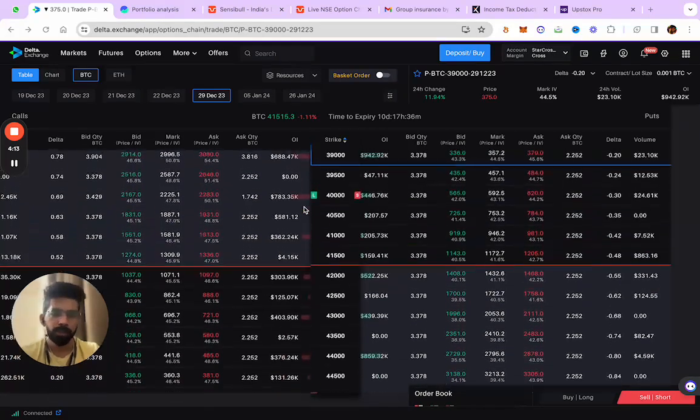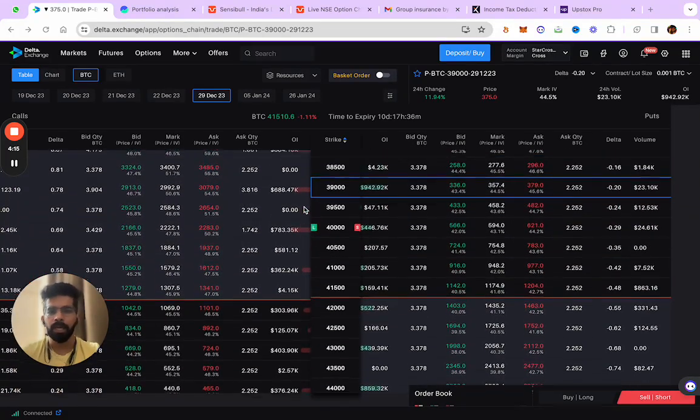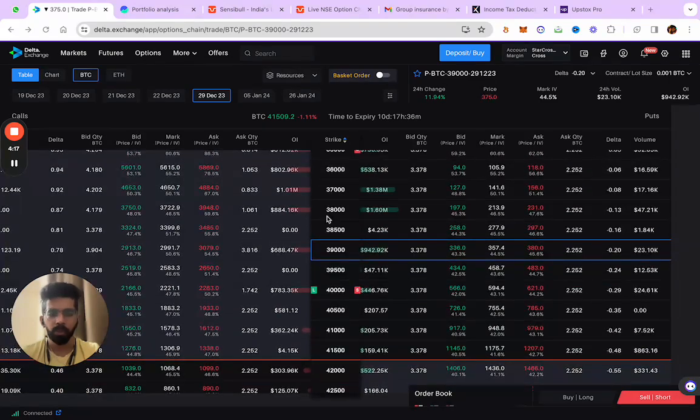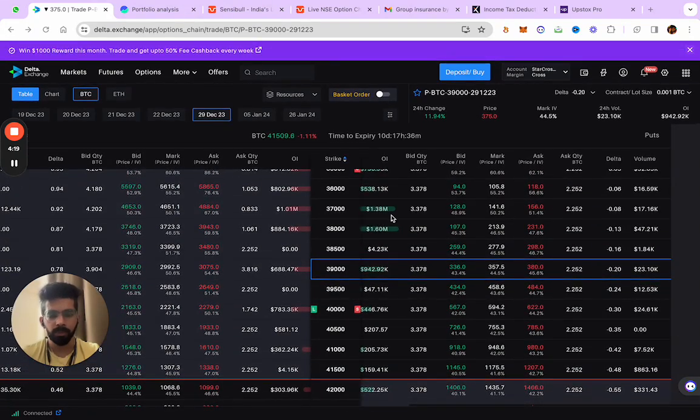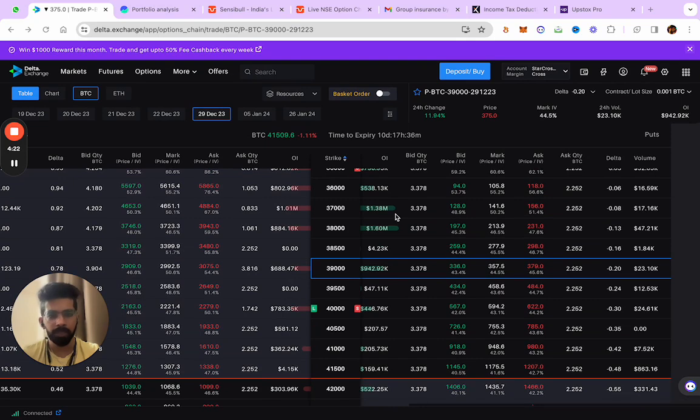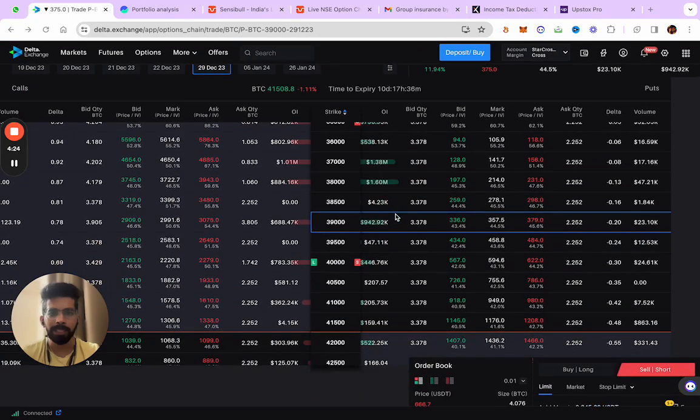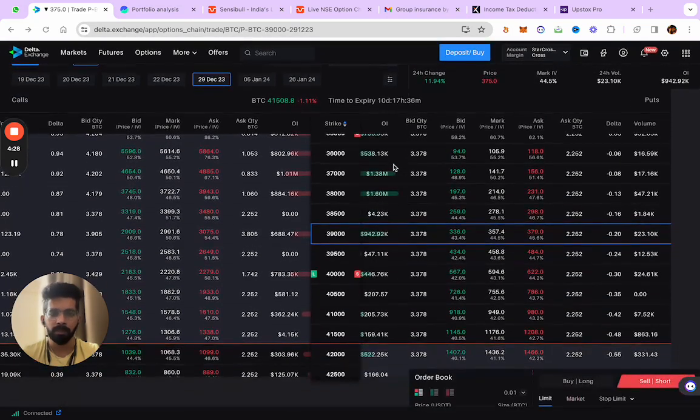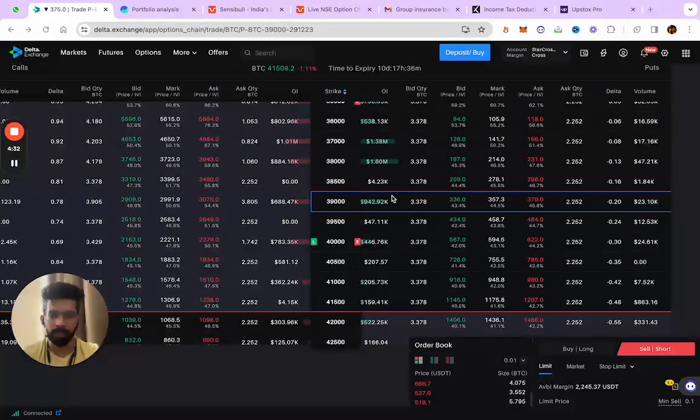Now, using the option chain and making some conclusions, you can look at the options open interest data, which is a very valuable data point in looking at how traders have positioned themselves on various options. So as you can see in the put options, the 37,000 and 38,000 put options have a very high OI, along with the 39,000 put option.